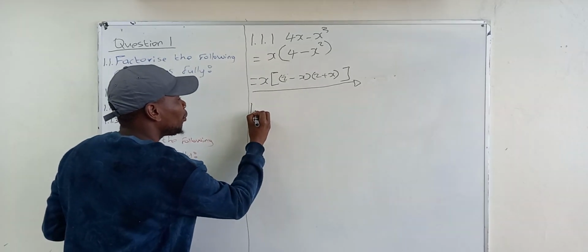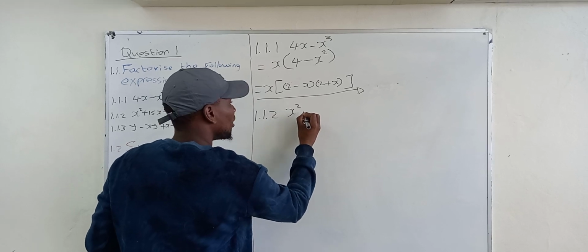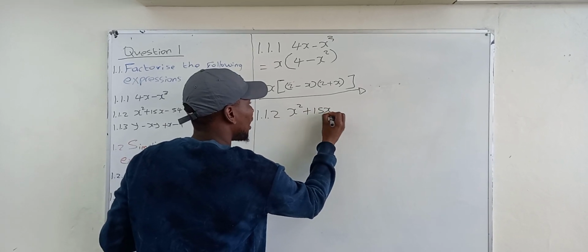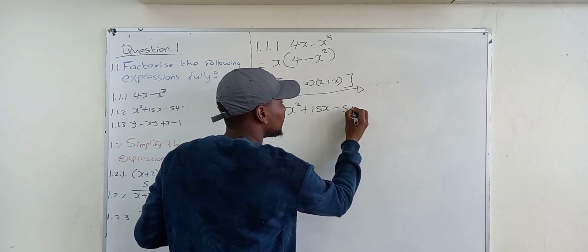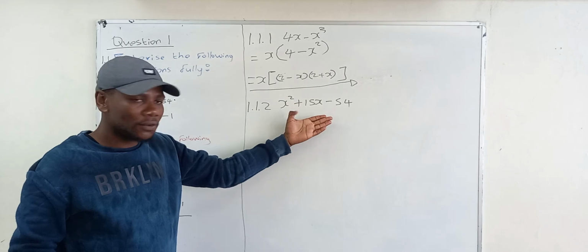So we have 1.1.2, it says x squared plus 15x minus 54. Now, how do you approach this kind of question, guys?